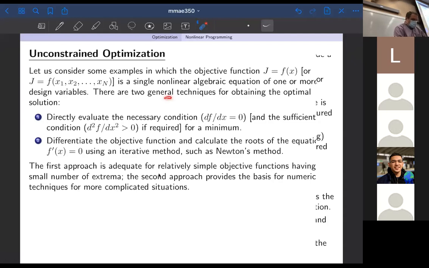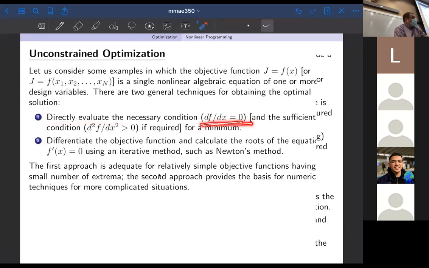Now there are two general techniques. The first technique is for easier problems, not so complicated. And the second technique is a numerical method, which is iterative, for more complicated problems. So we'll do examples of both. We'll use the first method when we can, because it's easier. And we'll use the second method when we must, because it's more general. So the first approach is to just directly evaluate the first derivative.